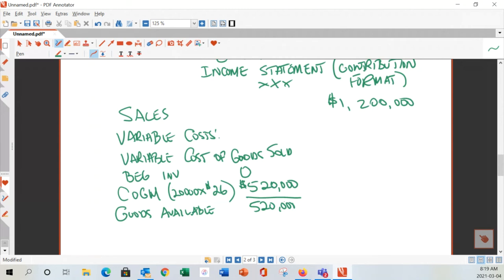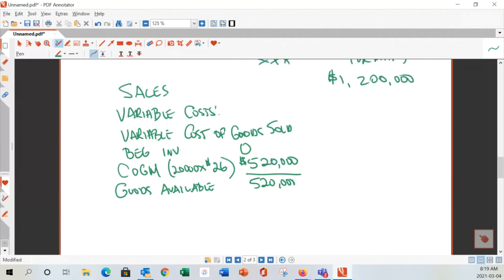On an exam, if you skip this step, I don't think it would be a deal breaker. You wouldn't lose any marks for not showing goods available. Deduct your ending inventory.